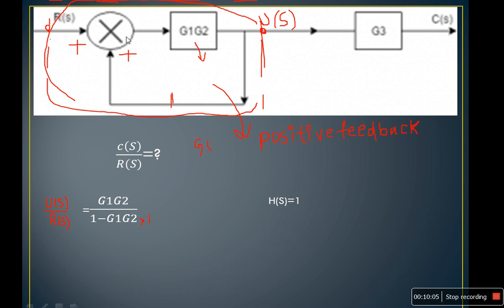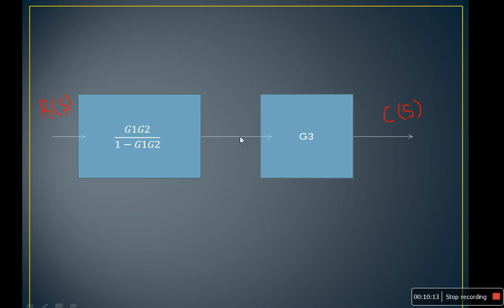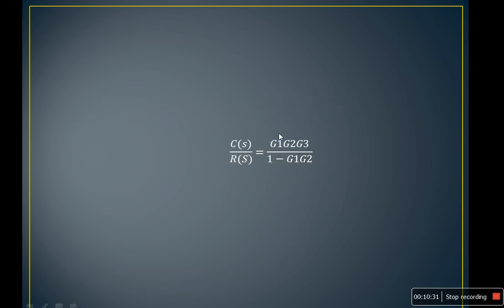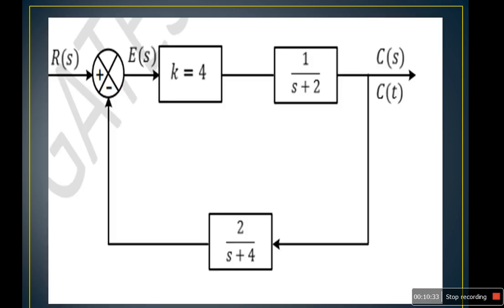Up to this part I am getting this transfer function. But in addition to this we are having one more block, G3. These two blocks are connected in cascade. Whenever two blocks are connected in cascade, the overall transfer function or overall gain is nothing but the multiplication of individual gains, that is G1 G2 G3 by 1 minus G1 into G2.